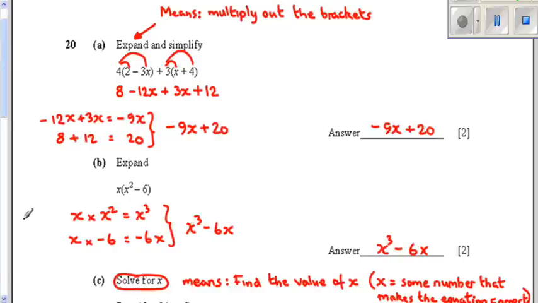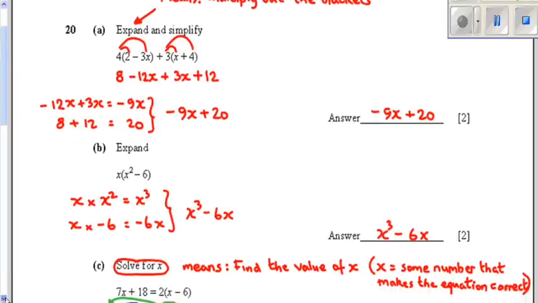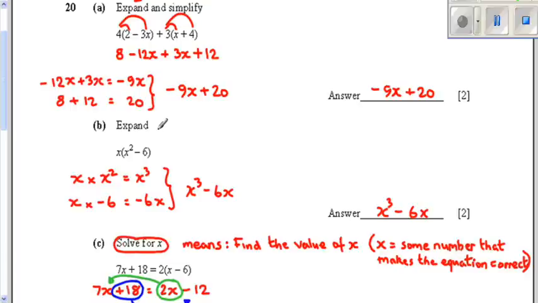That's our answer. Going on to 20B then. Again, it's another one where we're expanding the bracket. That's the same as multiplying out the bracket. So we're going to multiply each term inside the bracket by this term x, which is outside the bracket. So we've got x multiplied by x squared. X times x squared is x cubed.